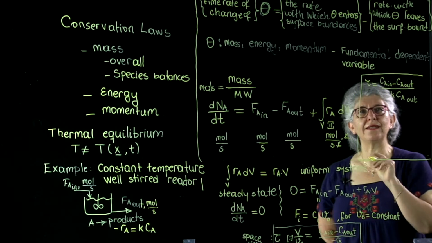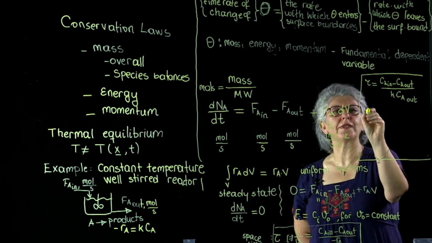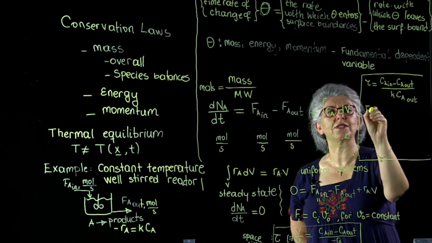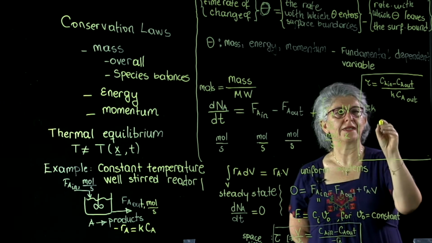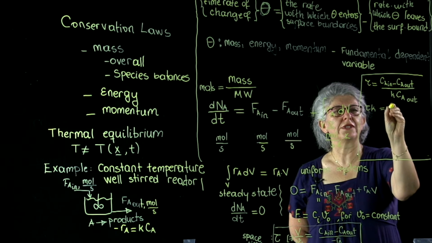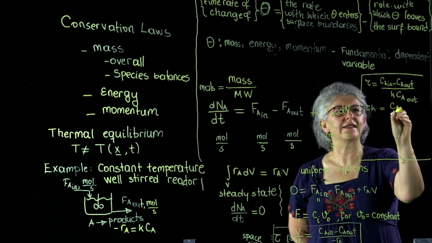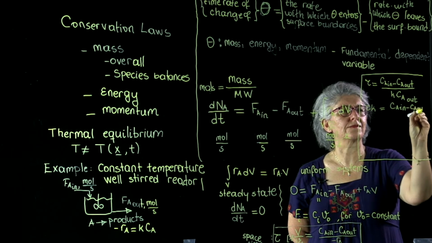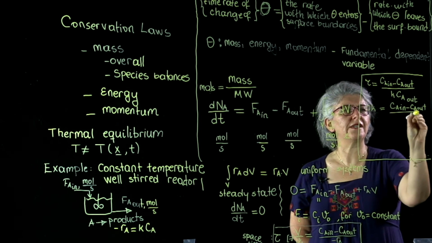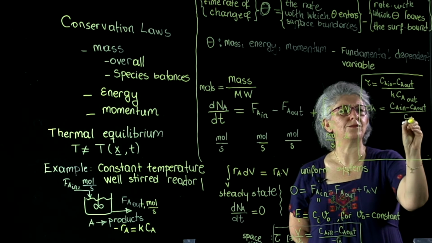I will rearrange. I'm going to obtain a new expression as tau K to be equal to CA in minus CA out divided by CA out.